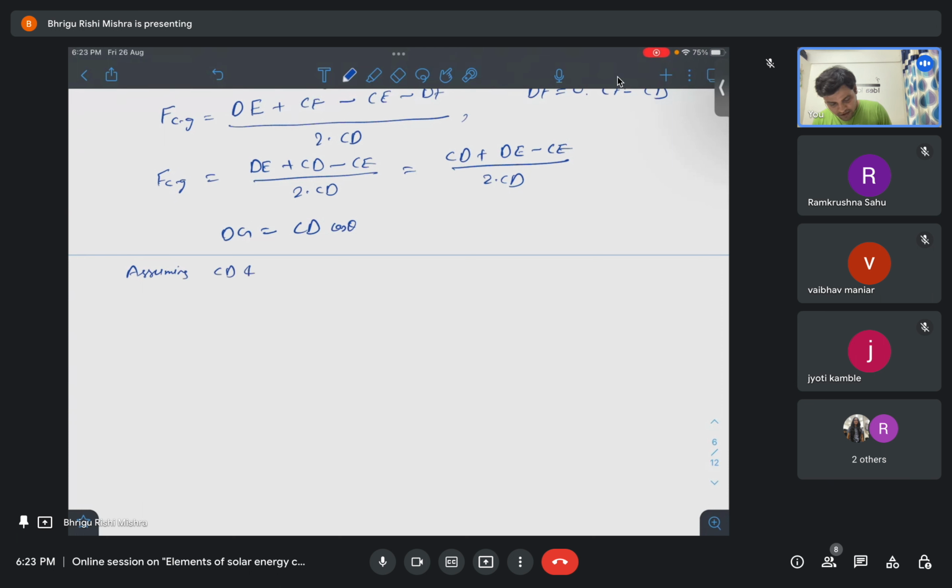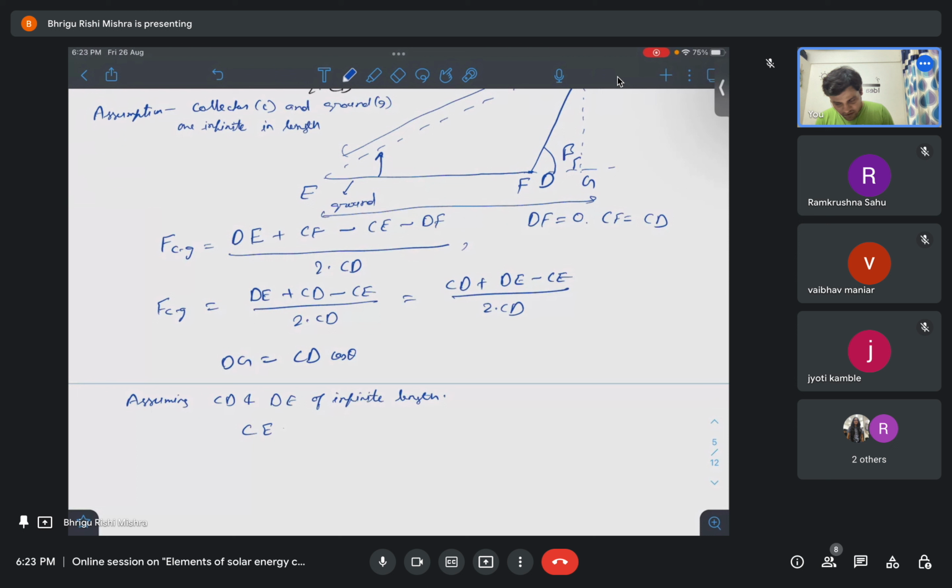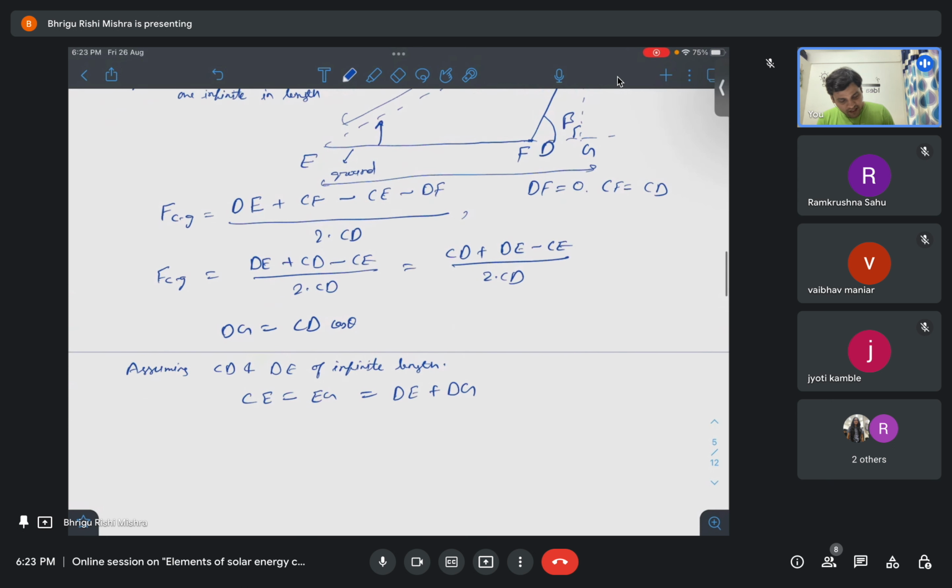Assuming CD and FE of infinite length, I can write that CE is nothing but equal to EG, and now EG is what? This is DE plus DG. We have already calculated here DG equals CD cos theta, so I can write here CE equals DE plus CD cos theta.